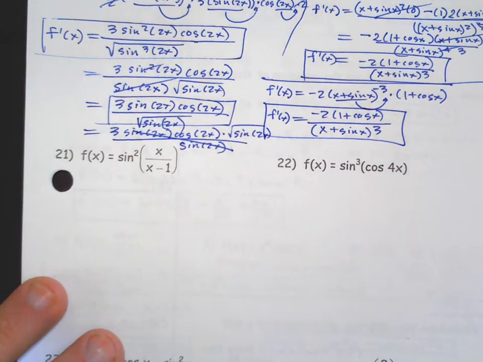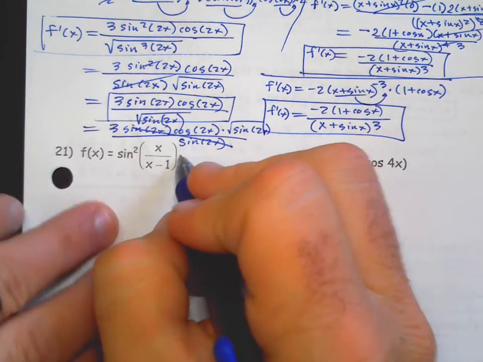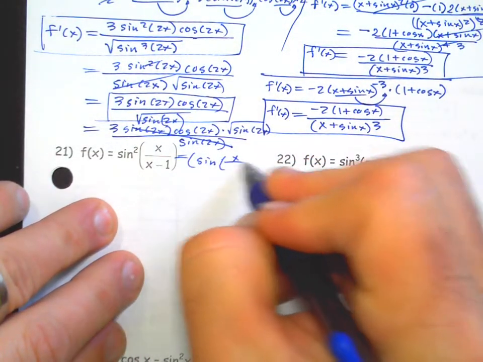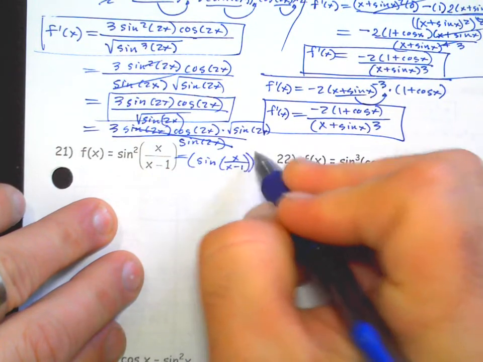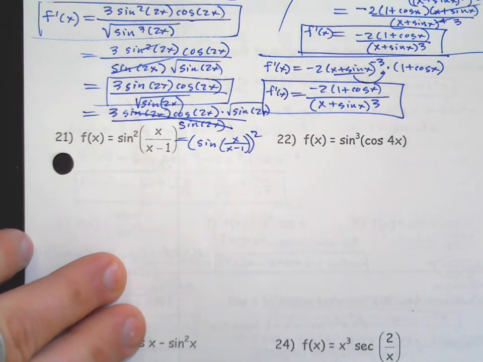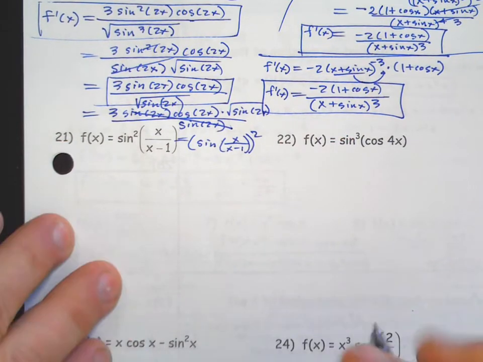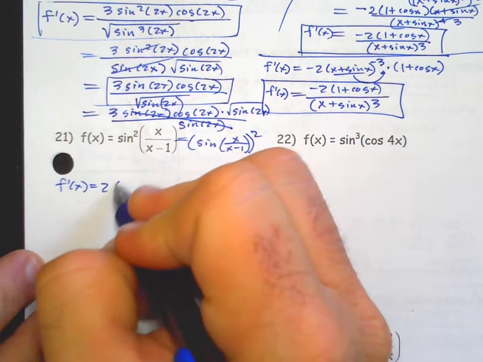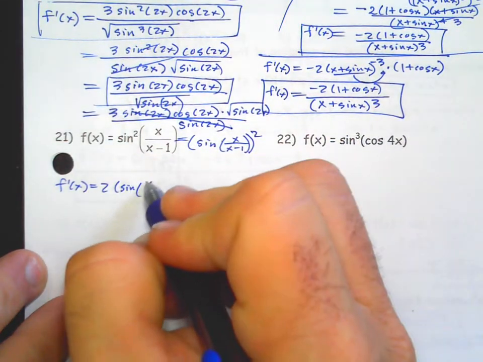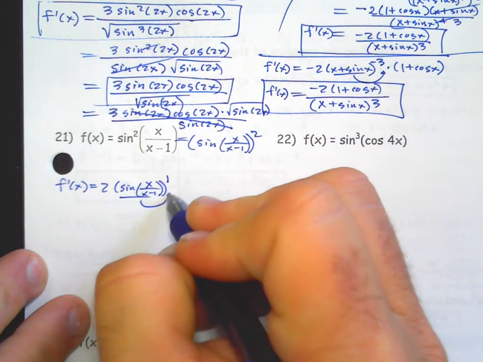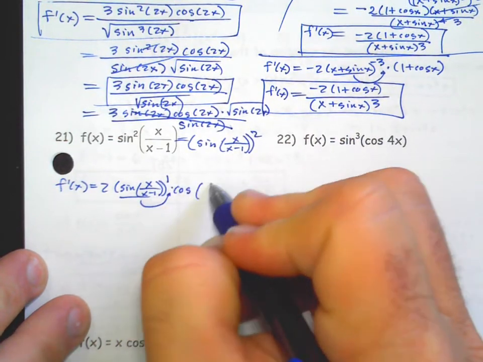Show your work. This one, I find it useful to rewrite these powers on trig when I'm doing derivatives, just because I feel like it's easy to think that the sine is the outer function. It's not. So f prime of x equals 2 sine of x over x minus 1 to the first power, and then derivative of what's inside is going to be cosine x over x minus 1.